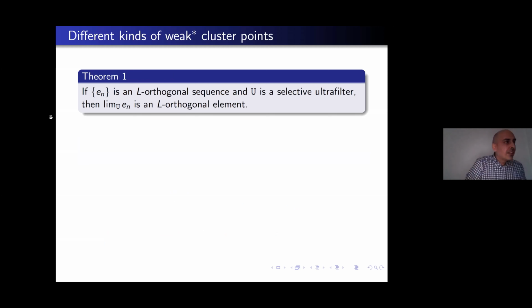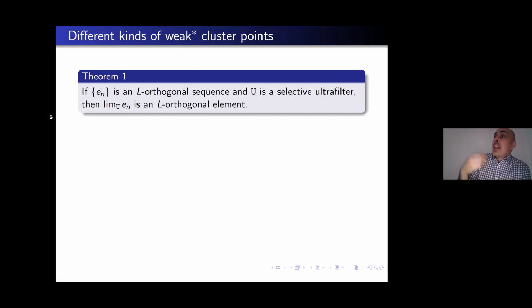Okay. So we go back to how the problem about L-orthogonal sequences and L-orthogonal elements is related to this concept. The first theorem: if we have an L-orthogonal sequence and we take a limit through a selective ultrafilter, then that limit will be an L-orthogonal element. Remember what I was saying before, that the initial naive guess was to take an L-orthogonal sequence, take a cluster point, and that should work.